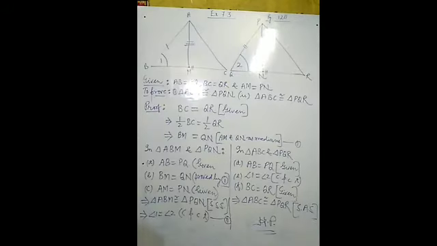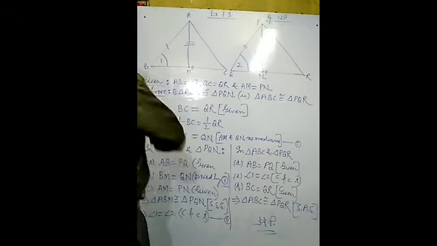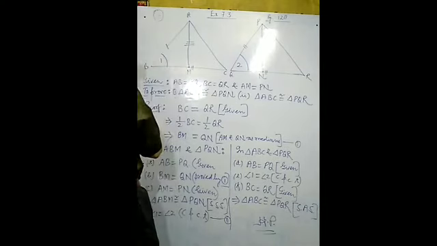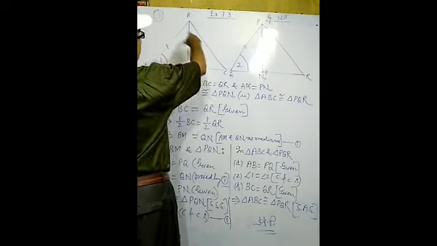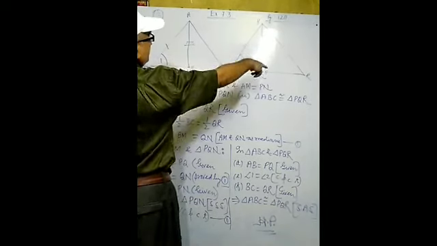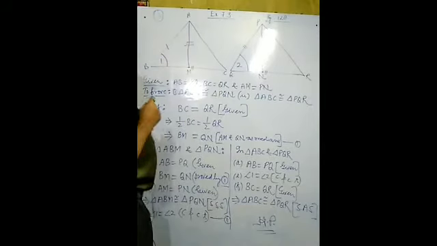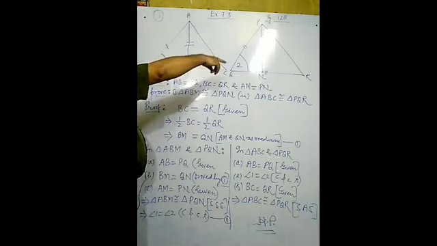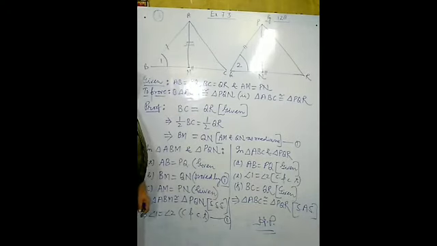Again we have to consider question number third. You may observe here. What is given? The given information: triangle ABC is given and triangle PQR is given. Try to understand the meaning of this question. Both the triangles are given.